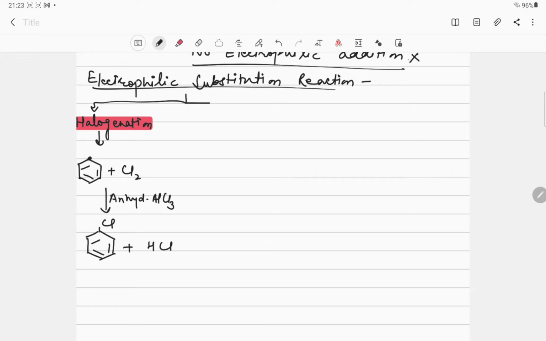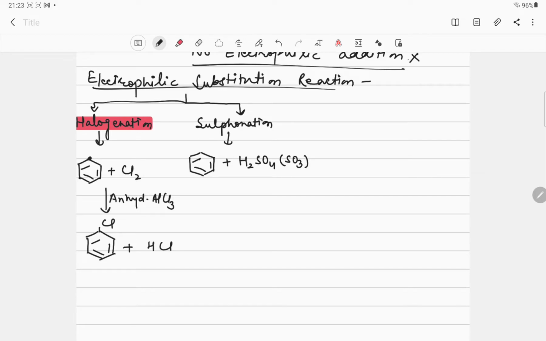Now moving to the next example of electrophilic substitution, it may undergo the sulfonation reaction. Sulfonation means we will substitute the hydrogen of benzene by the sulfonic group, and sulfonation is always carried out in presence of concentrated H2SO4, or fuming sulfuric acid.